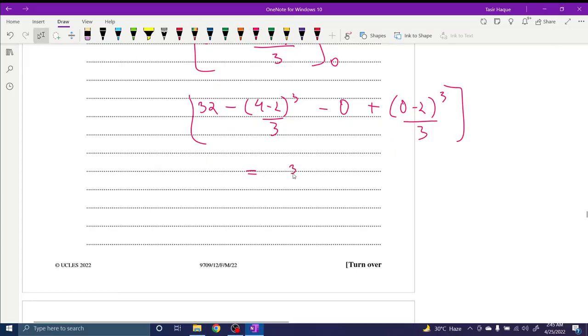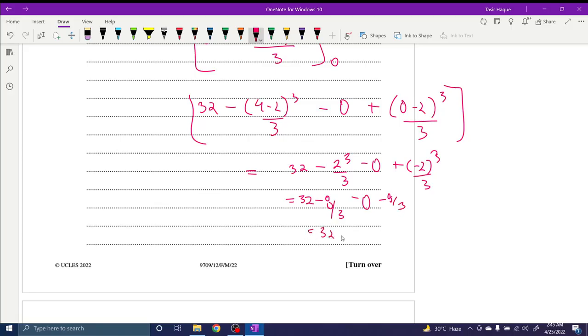So it's 32 minus 2 cubed by 3, minus 0 plus minus 2 cubed by 3. 2 cubed by 3 is 8 by 3. So 32 minus 8 by 3 minus 0. A negative number cubed is going to be another negative number, so this is also minus 8 by 3.